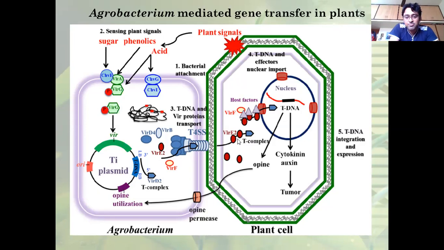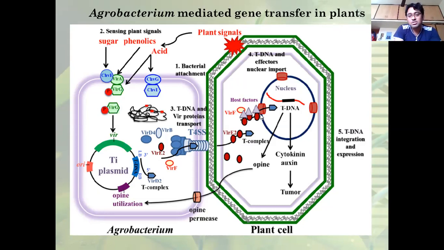So tDNA is transferred along with the T complex, and this T complex is nothing but the VirD2 protein binding and VirE2. These vir factors, virulence factors, this VirE2 binds to the tDNA. Next, VirF is also associated with it, and it can direct the tDNA from the cytoplasm into the nucleus.